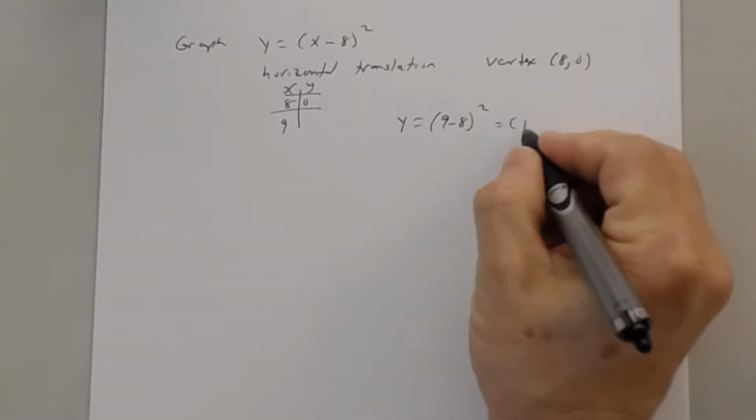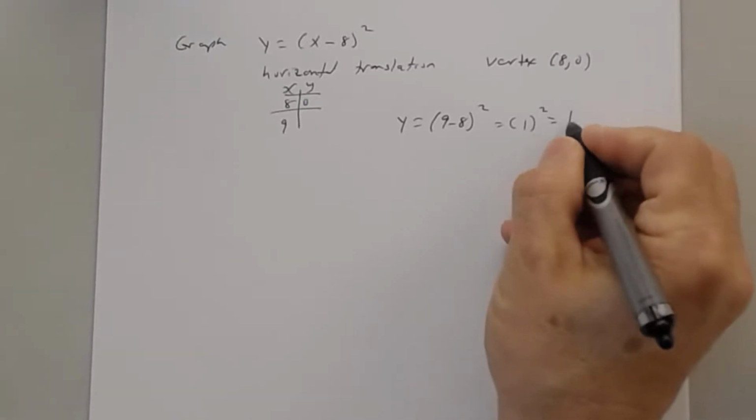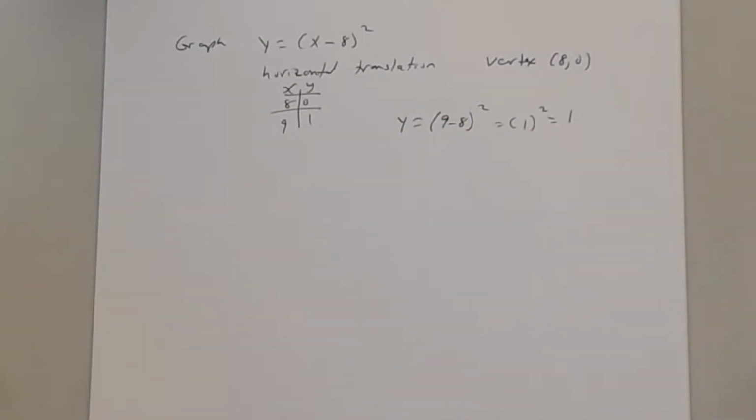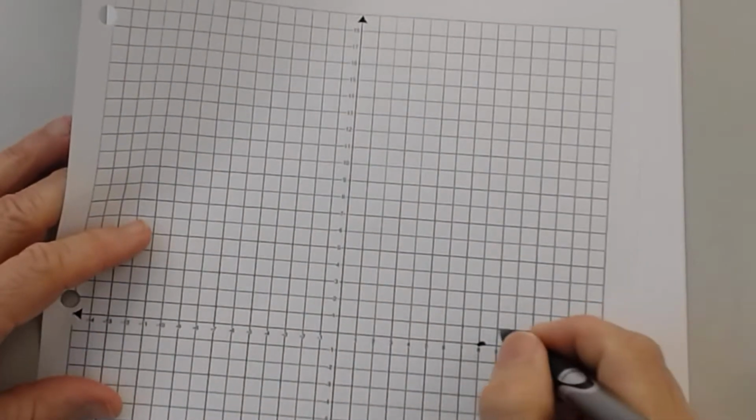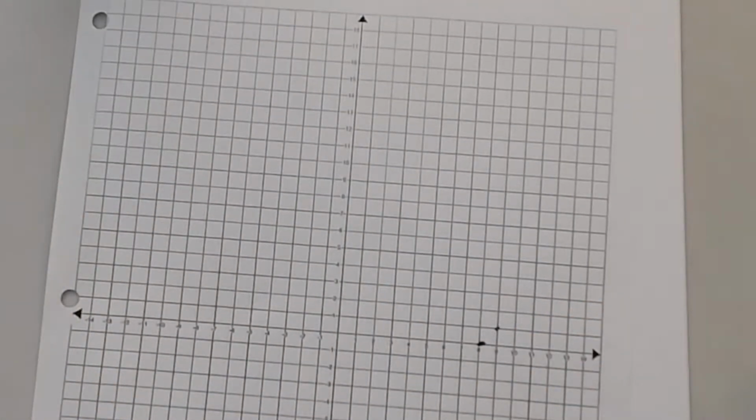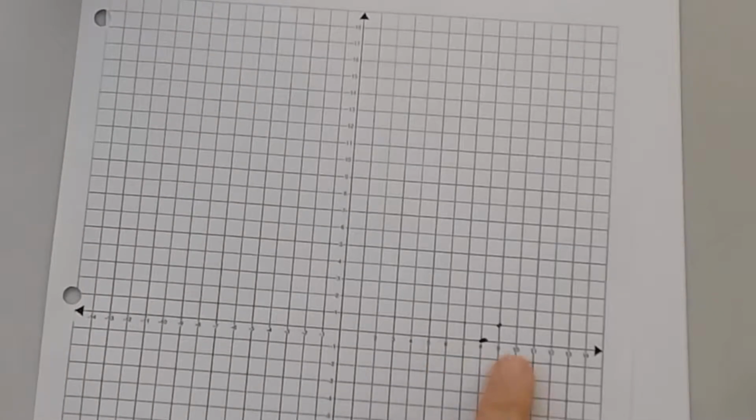And so I get, in parentheses, 1 squared, which is just 1. So I plot the point 9, 1. So when I plot the point 9, 1, I get this. Now, you can go and find another x value to the right at this point. What I would do at this point is use symmetry to find the one on the left. So I went to the right, and I'm going to go to the left.